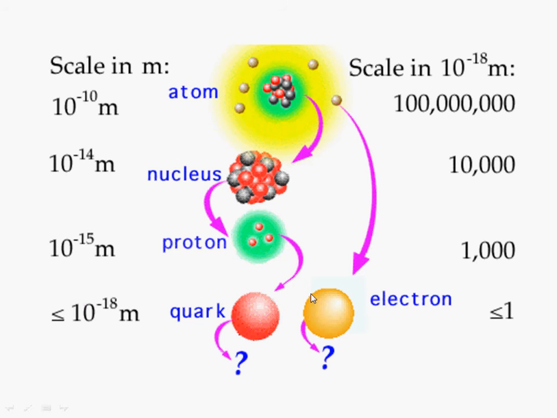Okay? So what we know is that an atom has a nucleus, and in the nucleus there's a proton and a neutron. And we now know from research up at Fermilab, which is up in Chicago and some other places, that we can break that down into quarks and strings. Same with electrons.